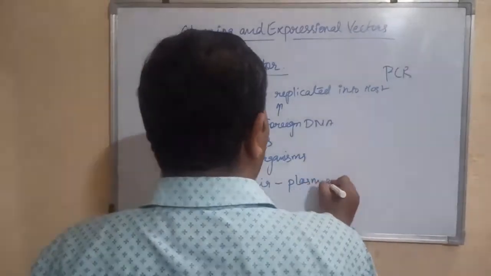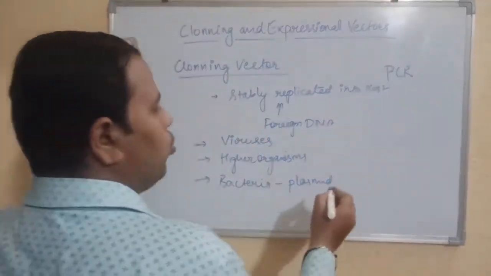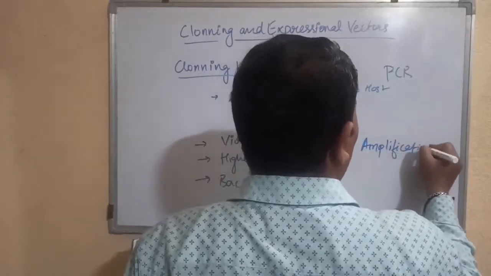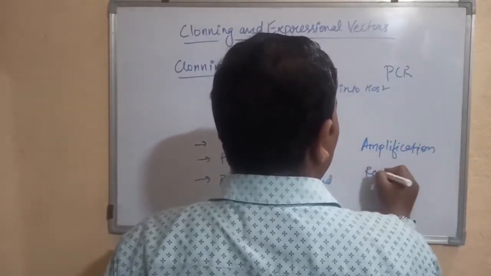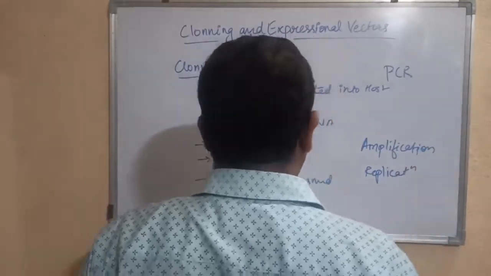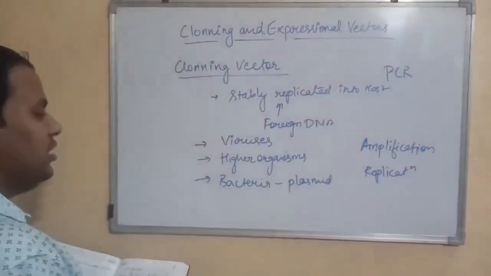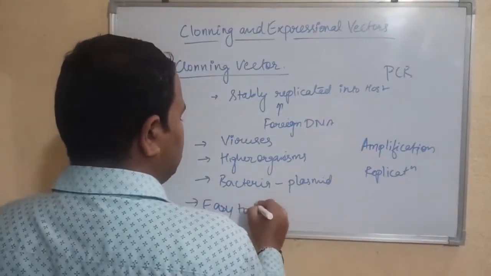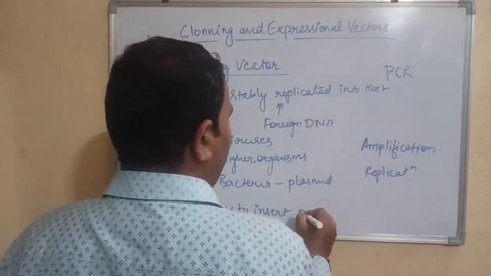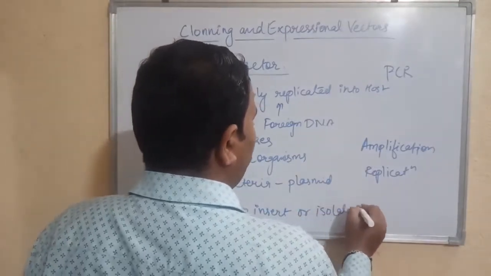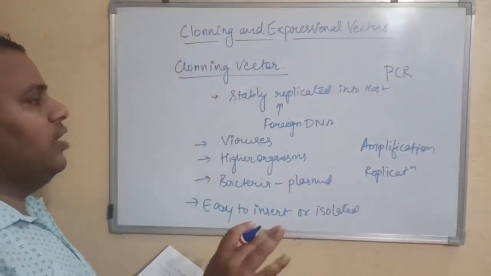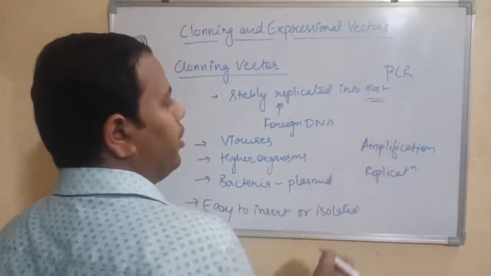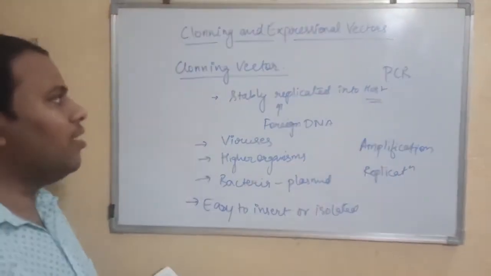The main thing to note is the cloning vector is only used for amplification of our fragment of interest, or its replication, or increasing the number. The most important property is it is easy to insert or isolate. So it is generally used to stably replicate or amplify our fragment of interest inside the host organism. There will be no expression, so that is called a cloning vector.